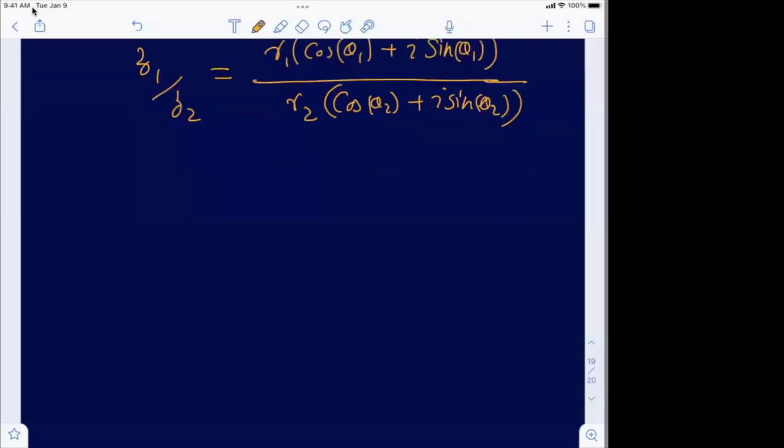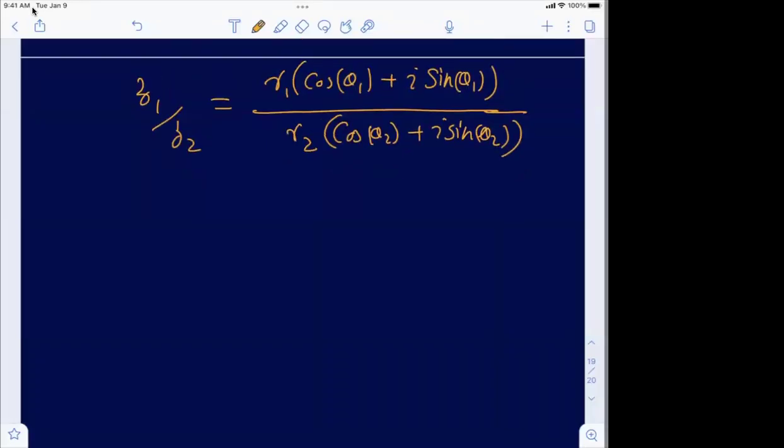Now, if you look at this combination, you can clearly see r1 divided by r2 is going to stand for the magnitude of this number. And then you have this term in the denominator.